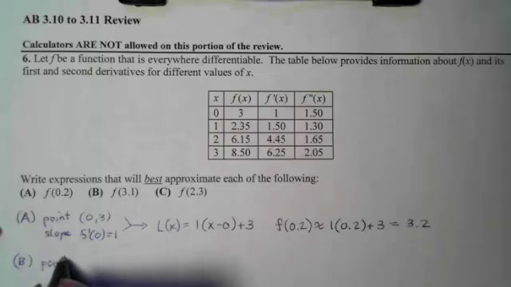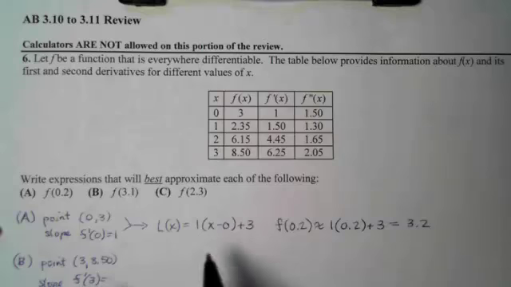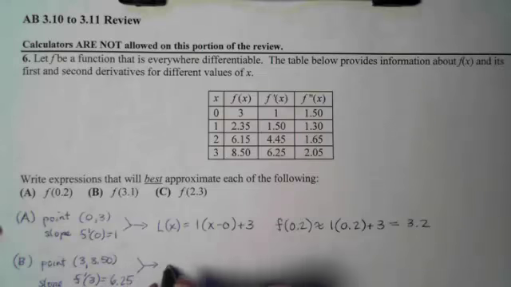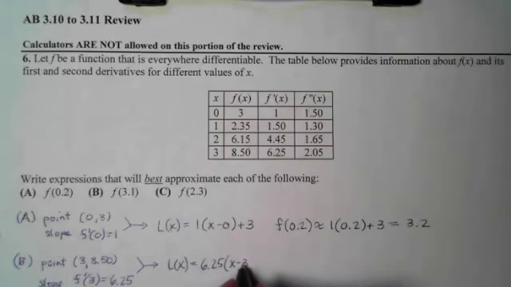So the point that I will use is the point with an x-coordinate of 3 and a y-coordinate of 8.5. The slope that I will use will be the derivative evaluated at 3, which we again can get from the chart, is a 6.25. Once we have the point and the slope, we can write the linearization that will approximate values for the function that are close to 3 by using the slope times x minus the x-coordinate plus the y-coordinate.